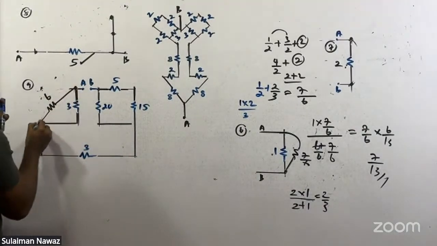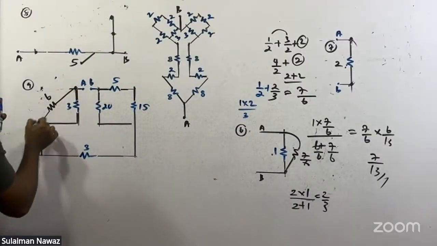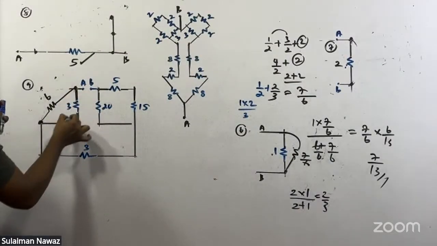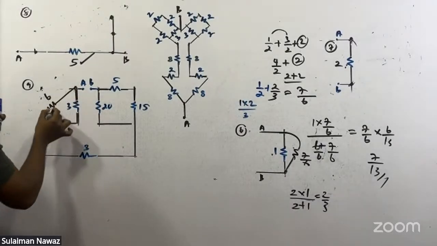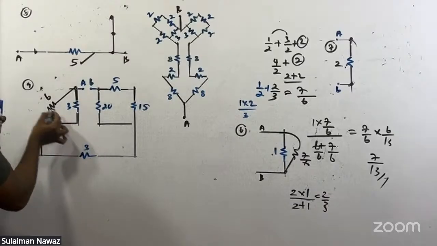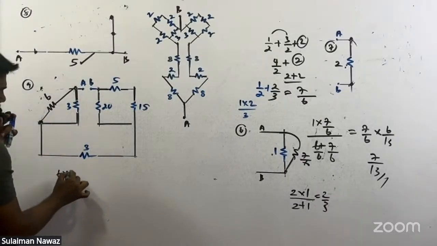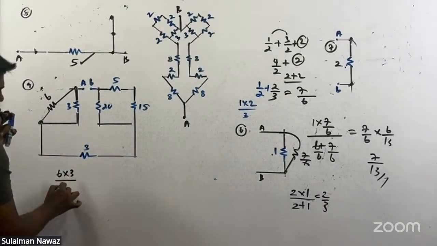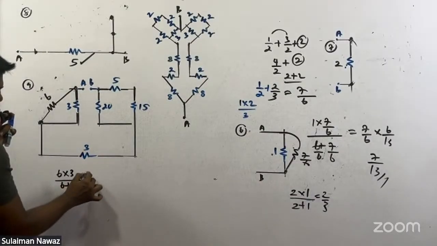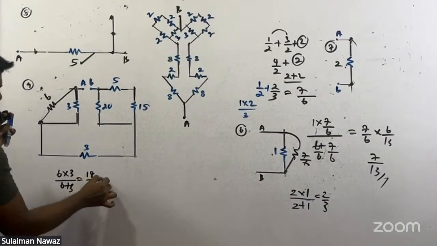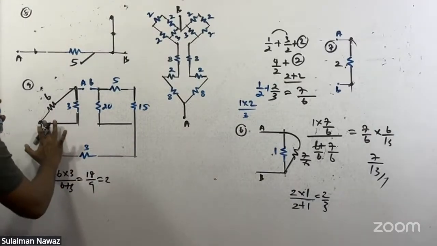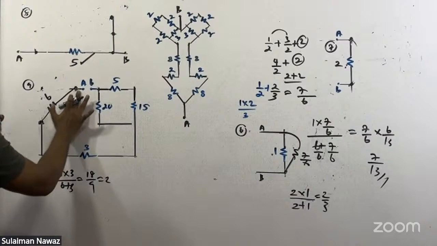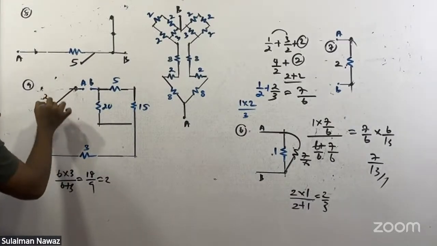Between these same 2 points, these two: 3 and 6 are parallel. 6 into 3 over 6 plus 3, 18 over 9. That means 2 ohms. The equivalent of these two is going to be 2 ohms. Just 2 ohms.